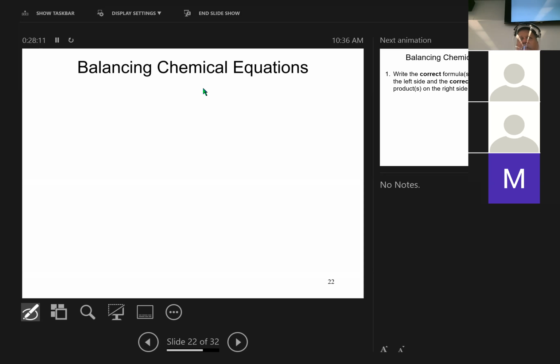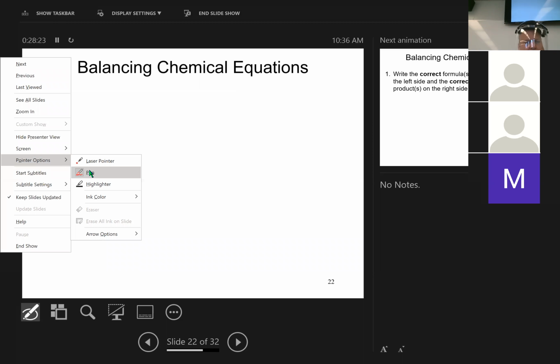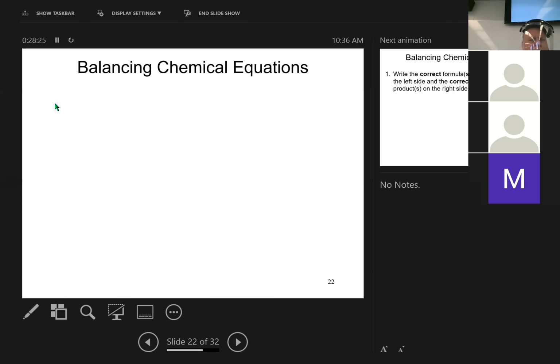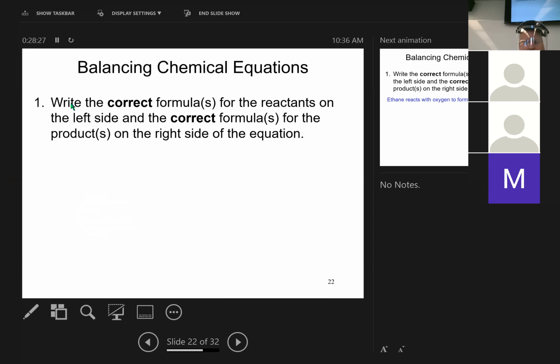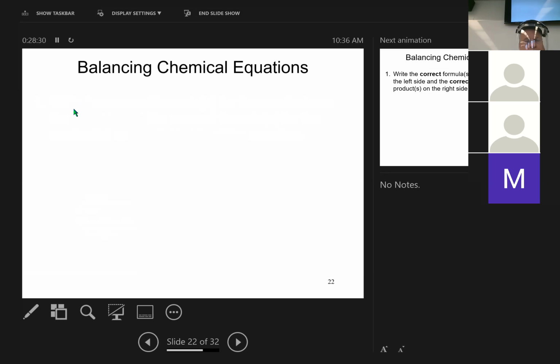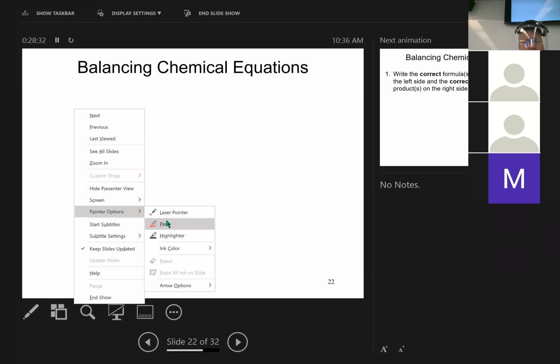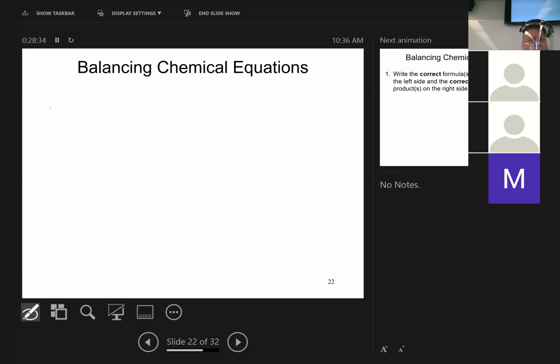Balancing chemical equations. This is the next part you have to do to understand how these things work. Say, for example, if you have 34 grams of aluminum and you burn it in oxygen, how many grams of product will you get?